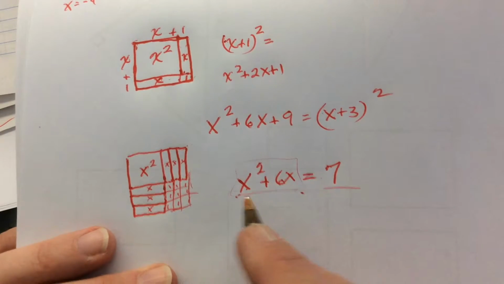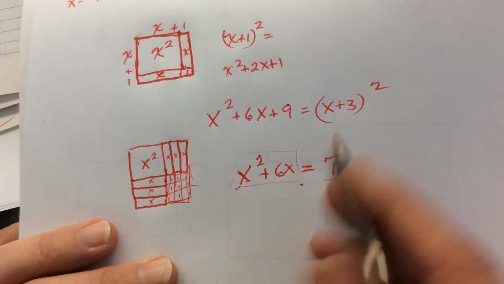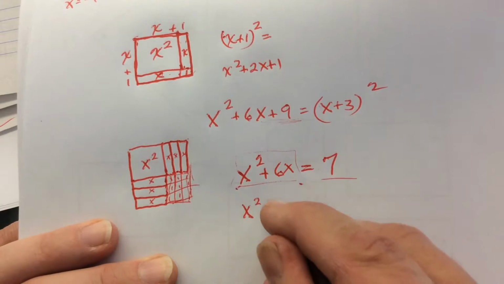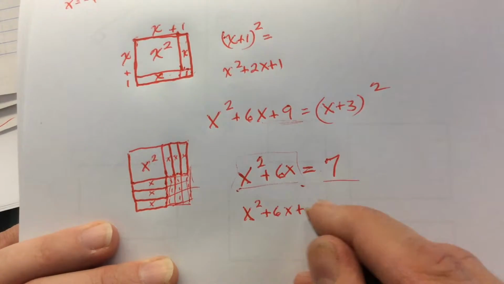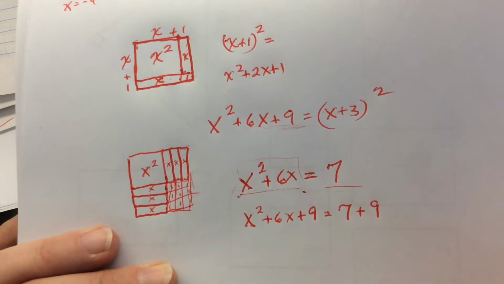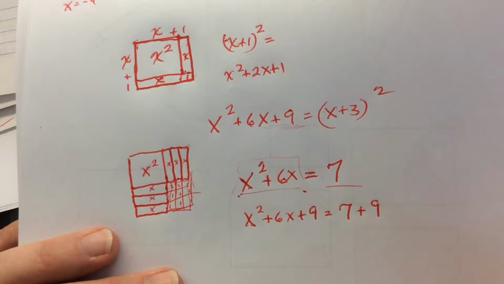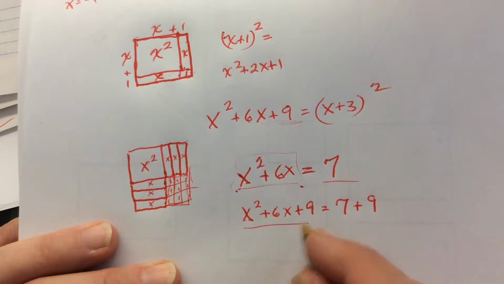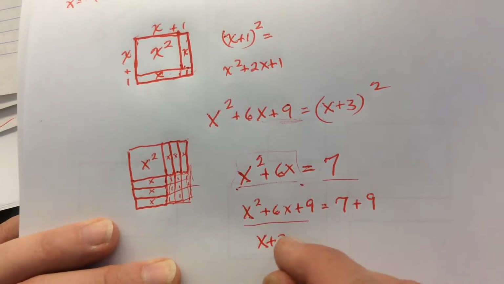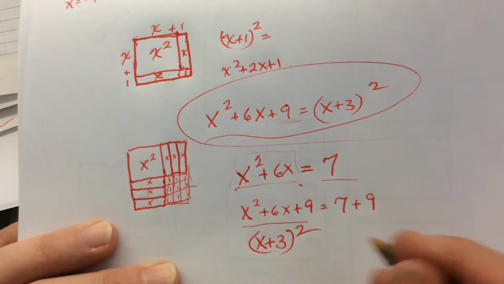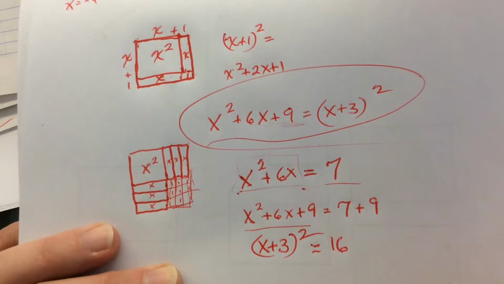I can make this a perfect square by adding 9 to both sides, right? That's what we just did. So if I did this, x squared plus 6x plus 9 is equal to 7 plus 9. I'm allowed to do that because I'm just adding the same number to both sides. You with me on this so far? So what happens? This became x plus 3 squared, right? And this became 16.